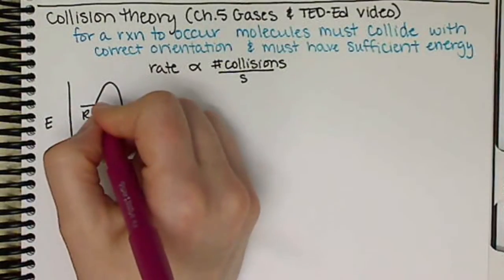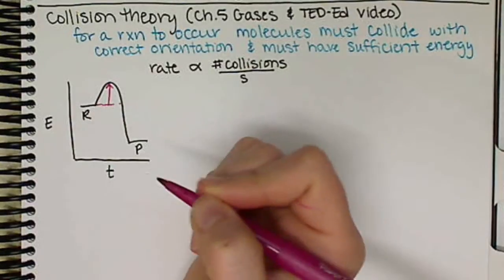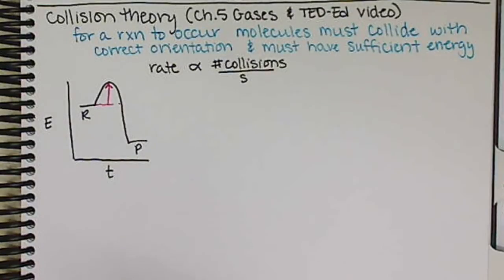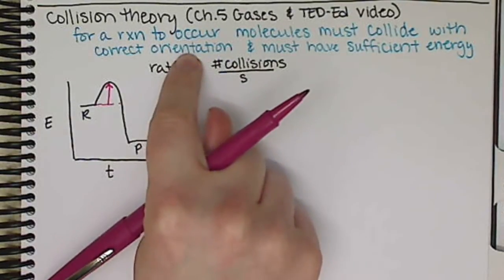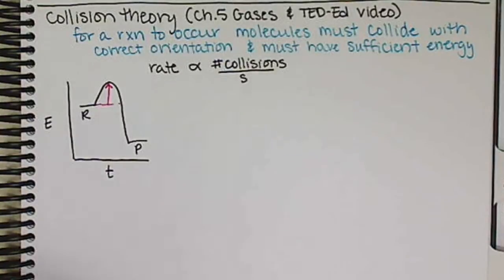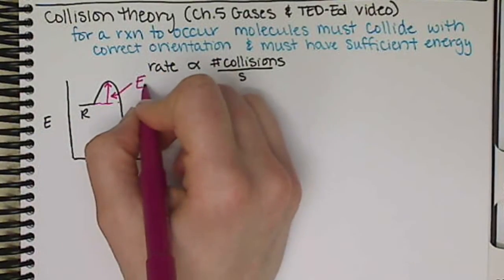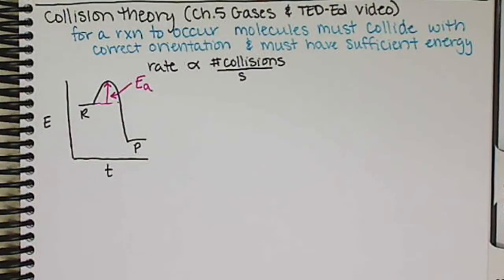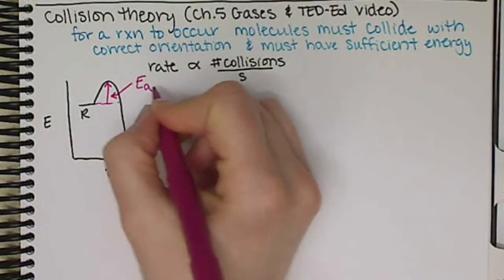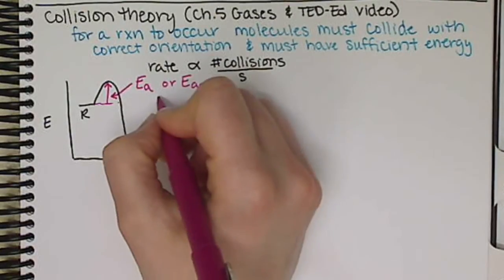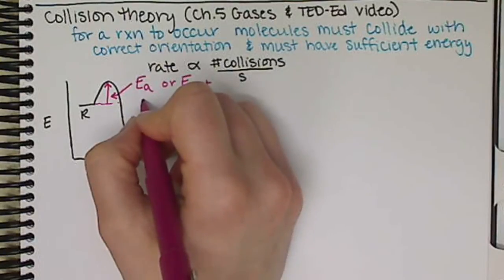Now we know that this energy has to be overcome in order for our reaction to occur, that's what this is referring to. That's what our collision theory is contributing to, that we have certain criteria that have to be met for our reaction to actually go. And this here is our activation energy, or energy of activation, so E subscript A, or sometimes E act. That is our activation energy.